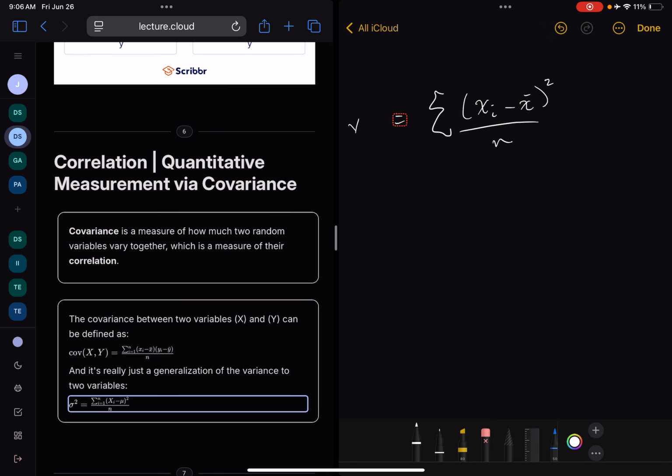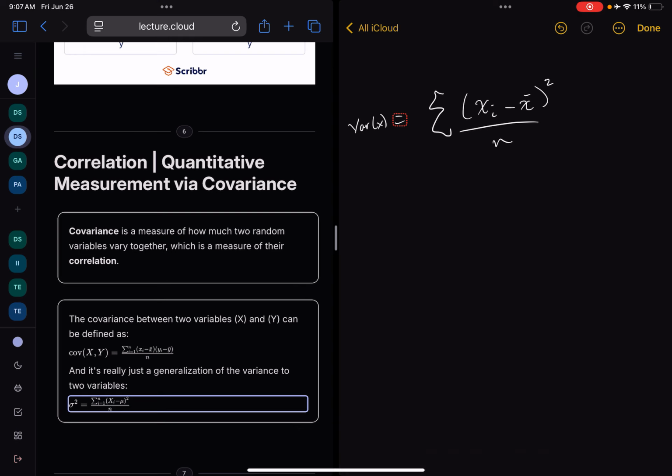This is going to be the variance of x. And if I were to ask you how you would introduce another variable here? Another way of thinking about the variance equation is this is how x moves against x.